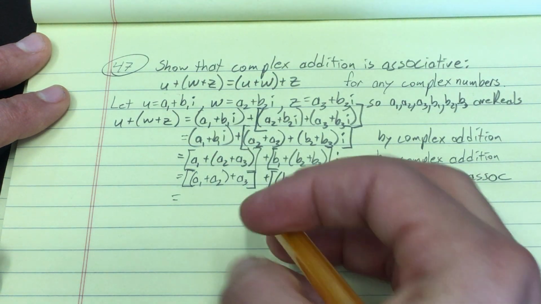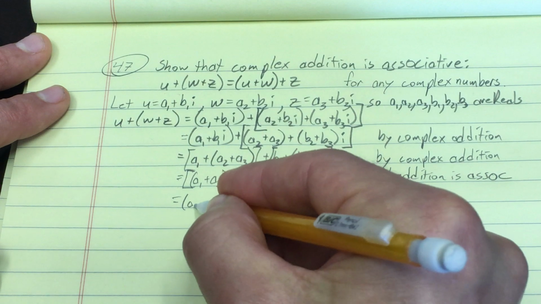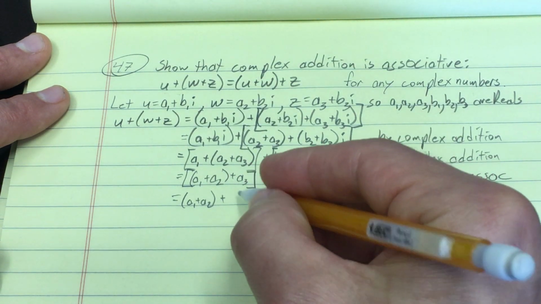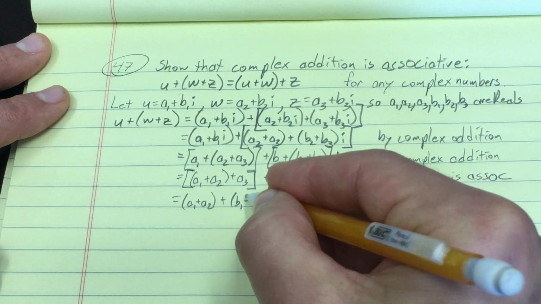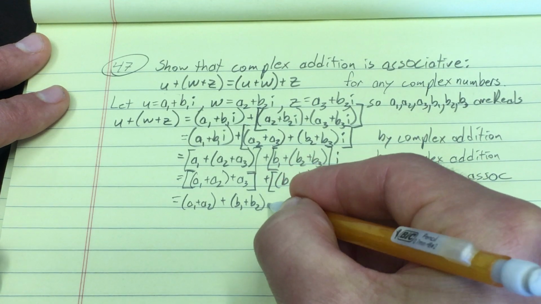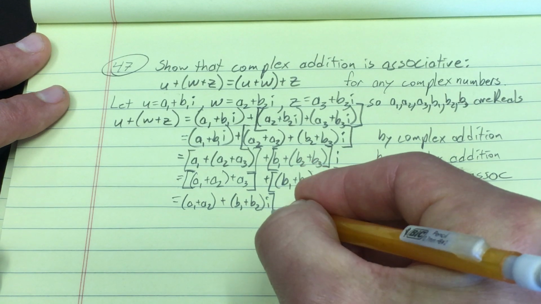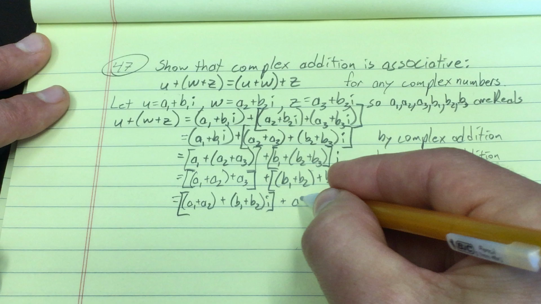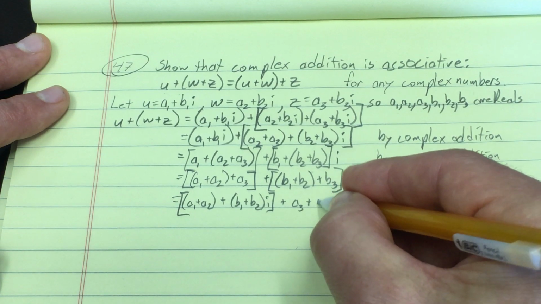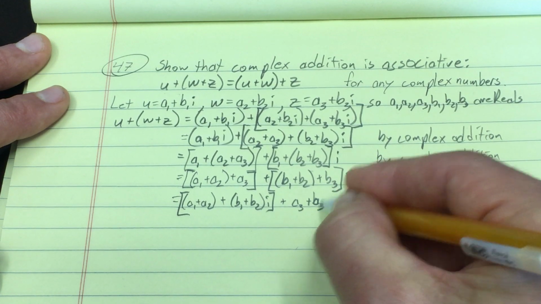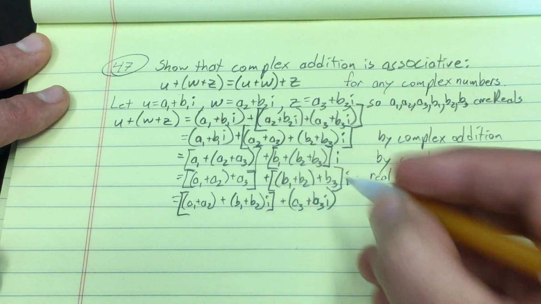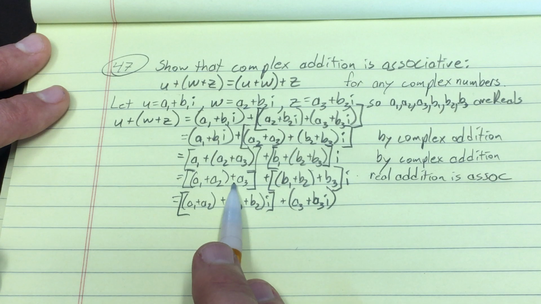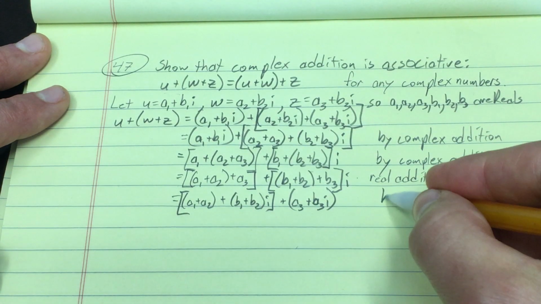Well, that is equal to a1 plus a2 plus b1 plus b2 I plus a3 plus b3i. That's just the definition. If you look at these two, this is just the definition of complex addition.